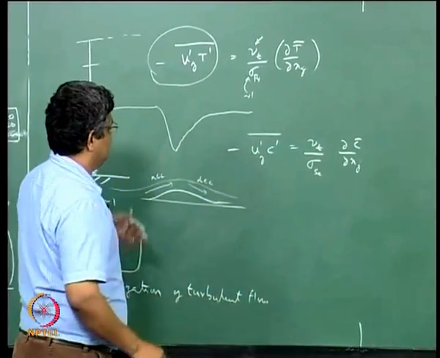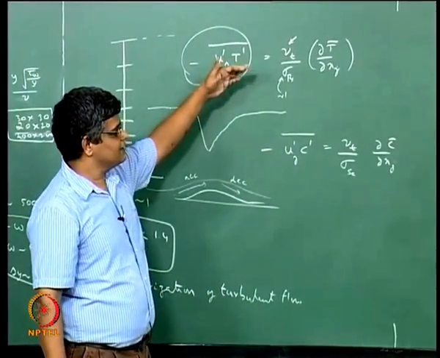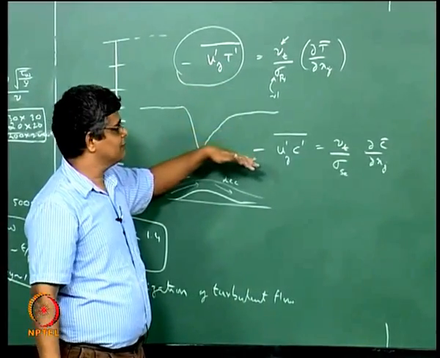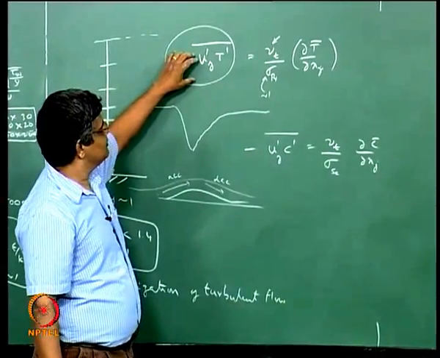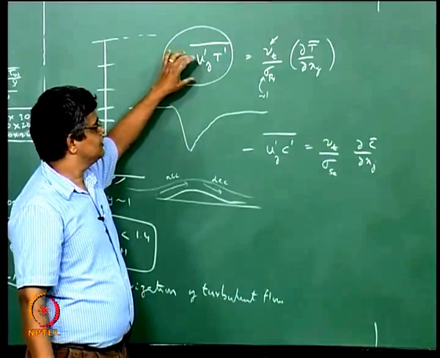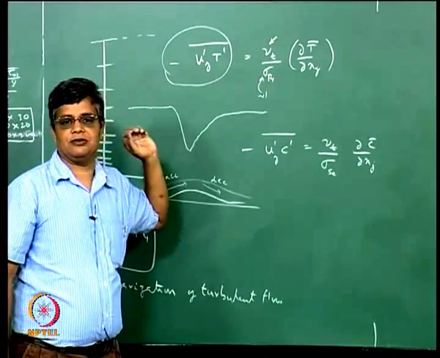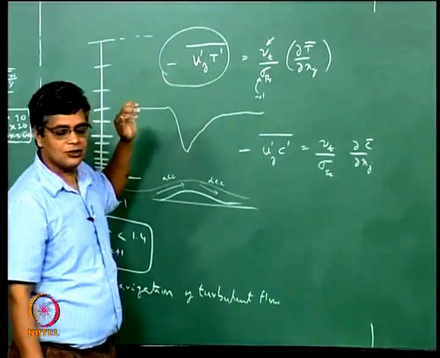So in that sense when we time average the corresponding conservation equations, we do get into terms which are similar to the turbulence stresses that we have obtained by time averaging the Navier-Stokes equations.